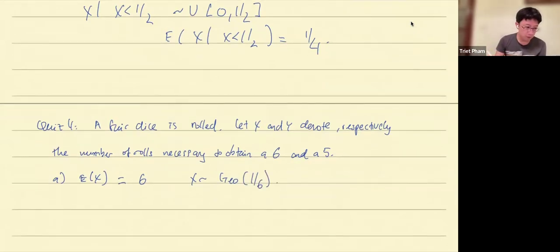So that's one more question maybe. B, find the expectation of X given Y equals 1.